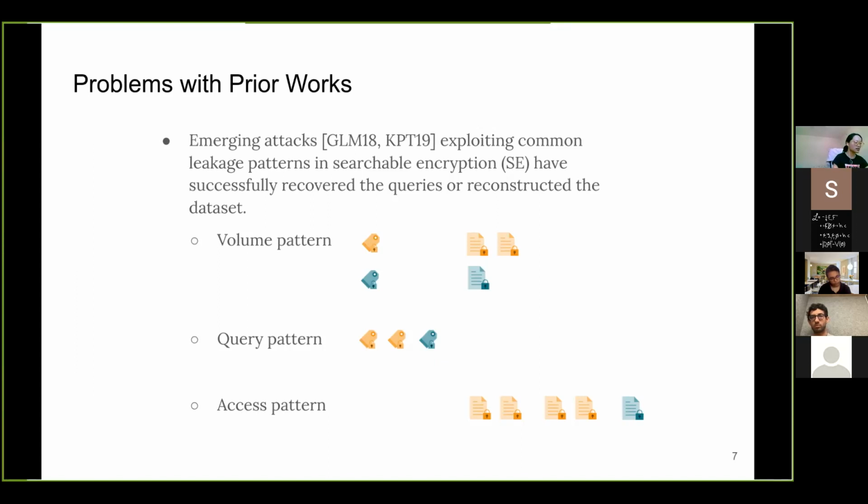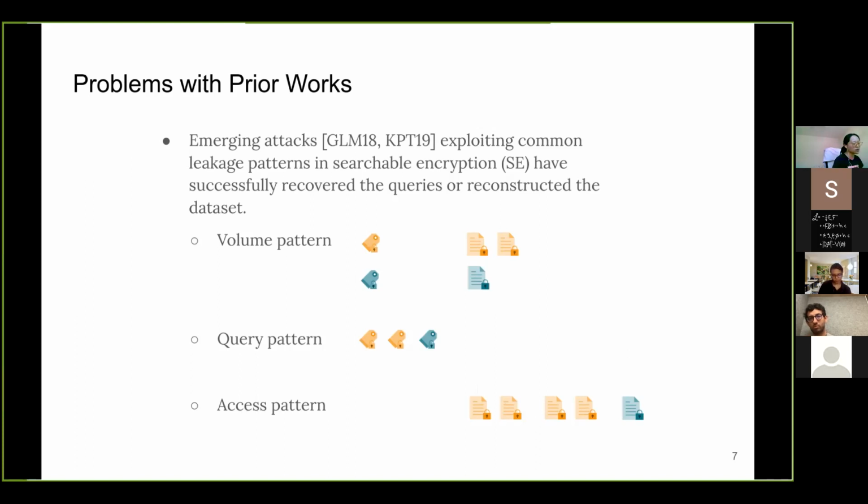And access pattern implies which encrypted files the client has accessed on the server. In this case, using the queries, the adversary can know that 2 orange files have been accessed twice. So just 2 orange documents associated with 1 orange query. And these are the common leakage patterns.